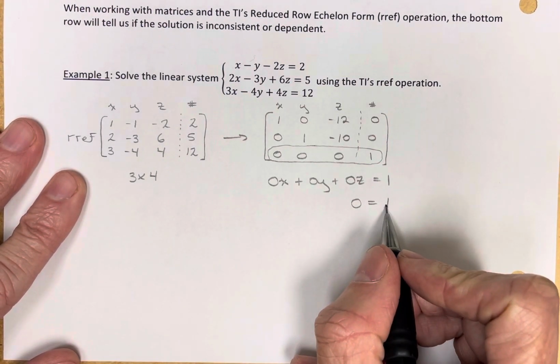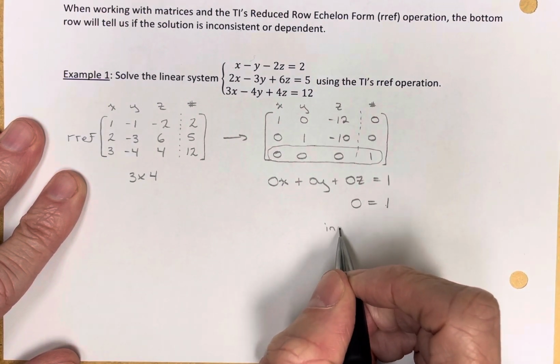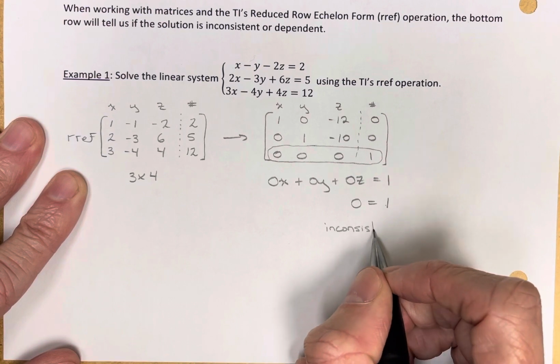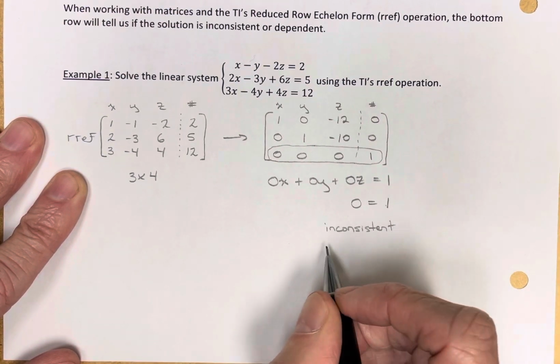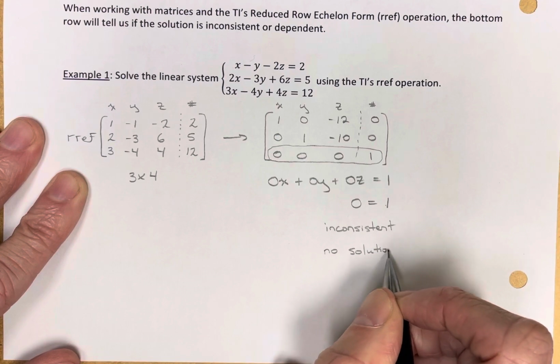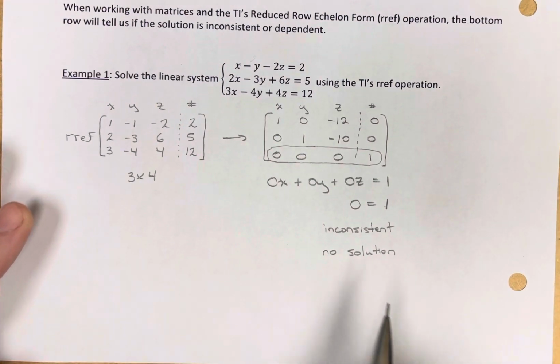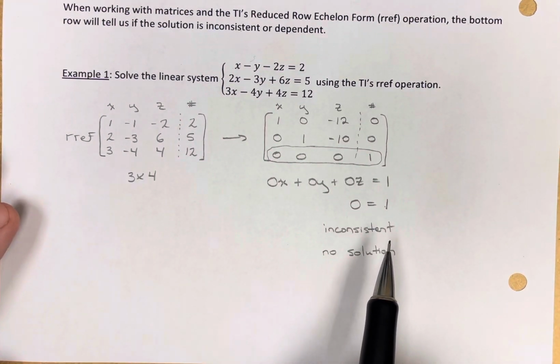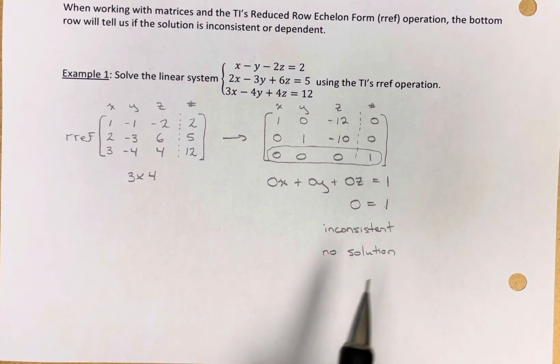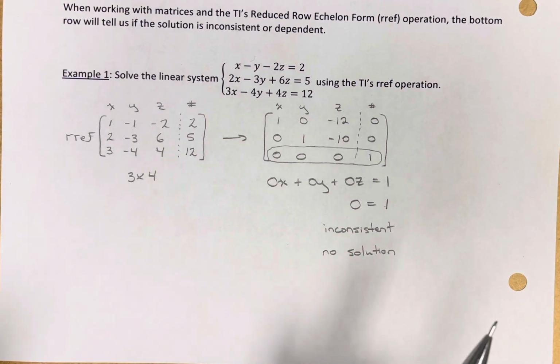So we have a nonsense statement. This tells us that the system is inconsistent, and that there is no solution. In 3-dimensional space, that means we have 3 planes, and those 3 planes are parallel to one another. There's no touching going on with those 3 planes at all.